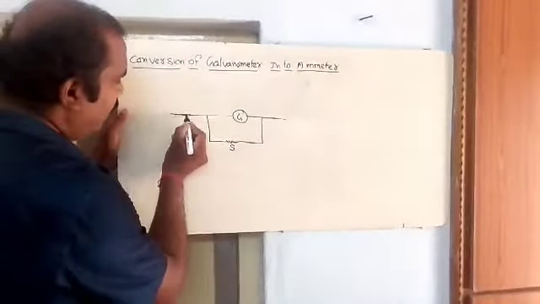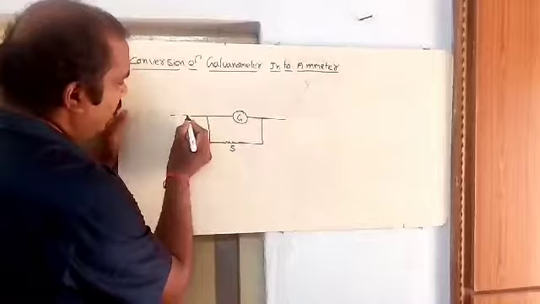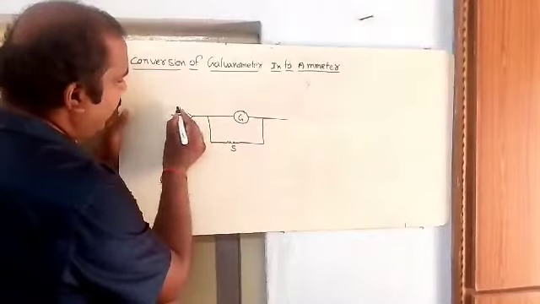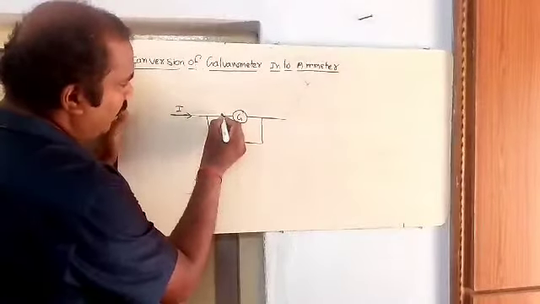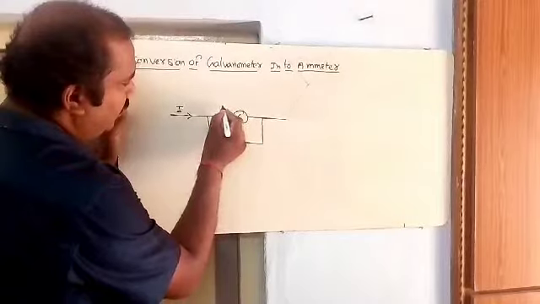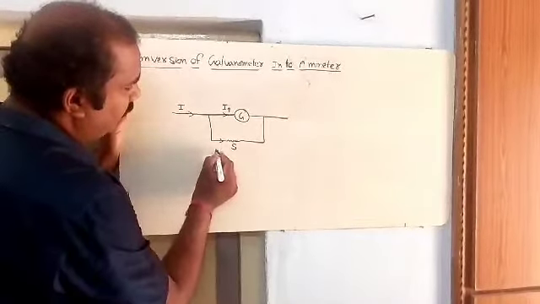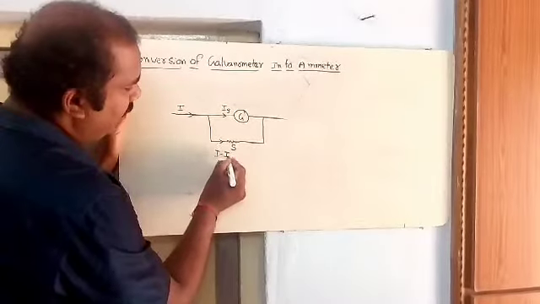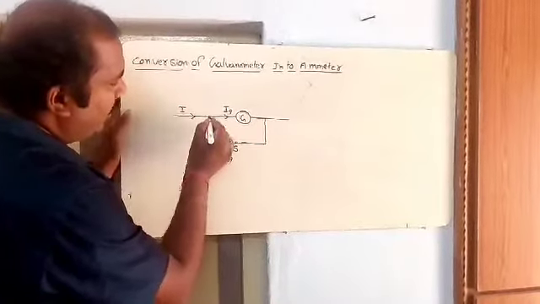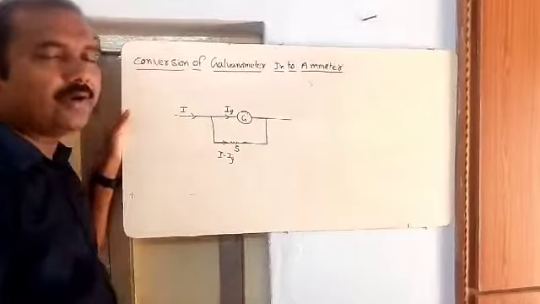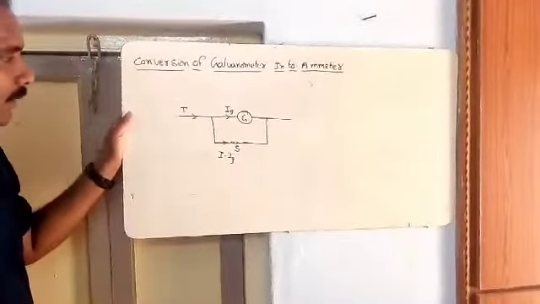Now here the entering current is I, the current passing through the galvanometer is Ig, and the current passing through the shunt is I minus Ig, according to Kirchhoff's first law.